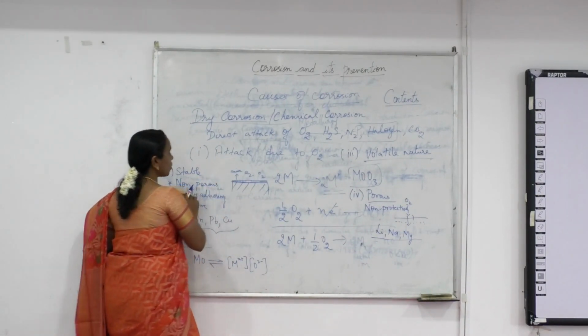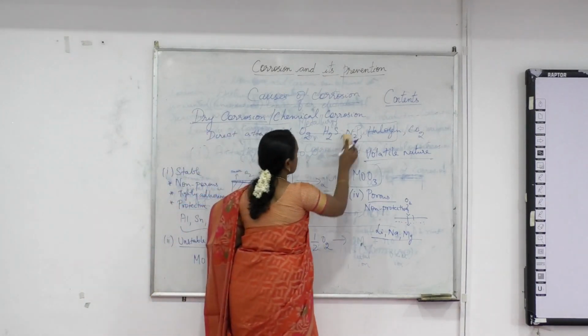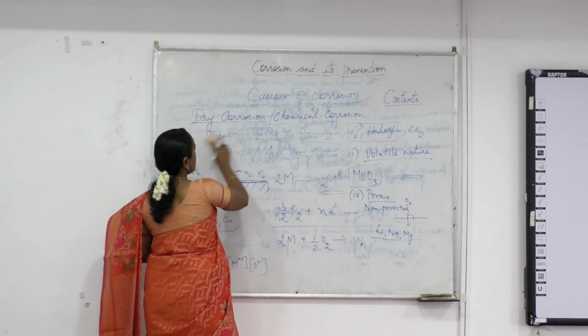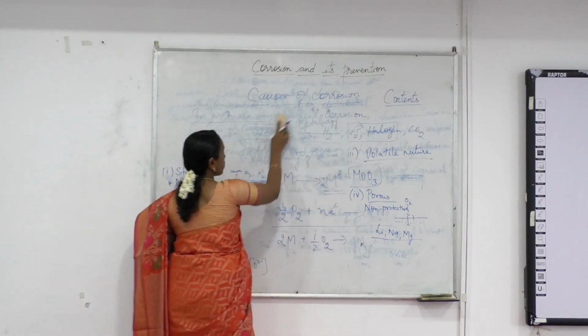Now, there is an important rule called the Pilling-Bedworth rule. This rule predicts whether the formed metal oxide is protective or non-protective.